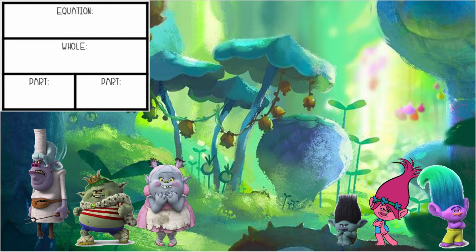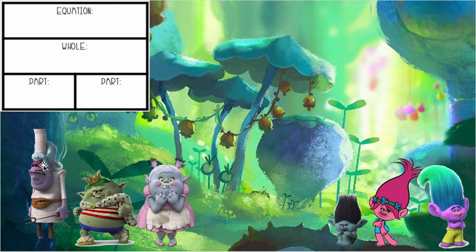We're going to move on from wholes and parts, and we're going to actually create an equation out of this picture that I have here. I have a whole trolls village here. My whole trolls village is made out of 2 parts, trolls and Bergens.